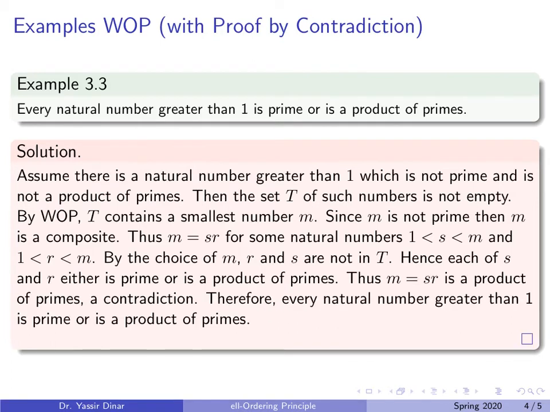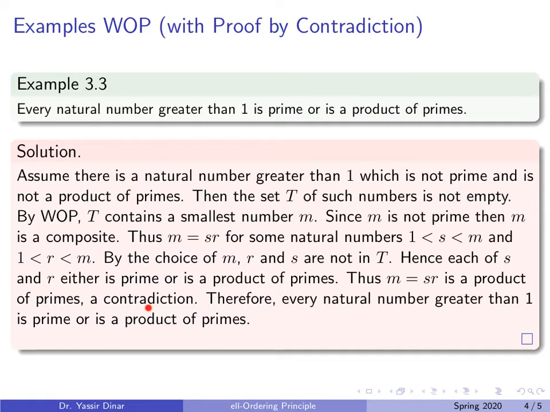But then M is the product of S and R, and since each of them is a prime or a product of primes, M itself is a product of primes.